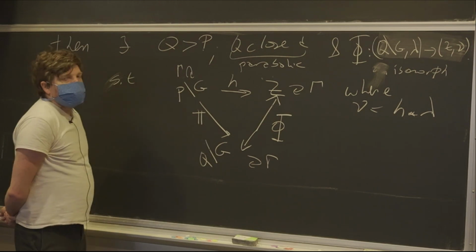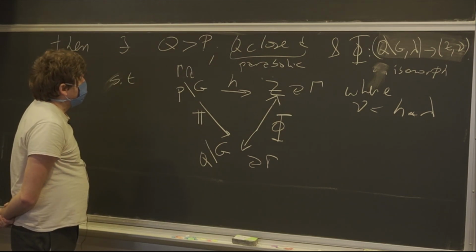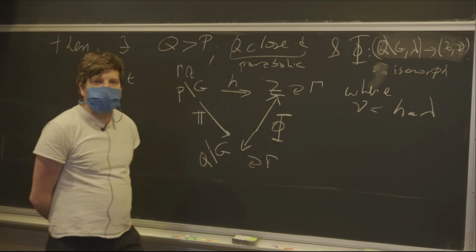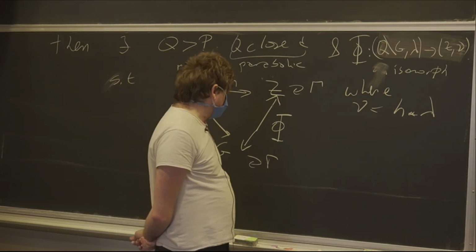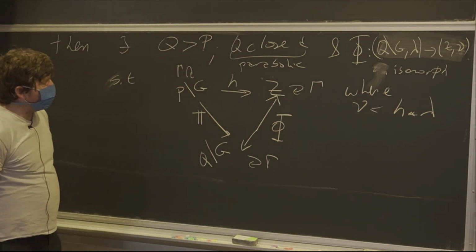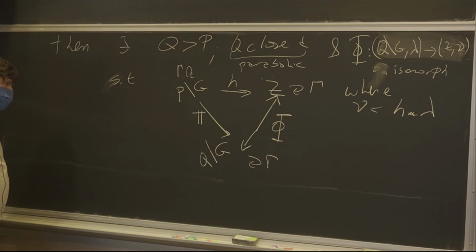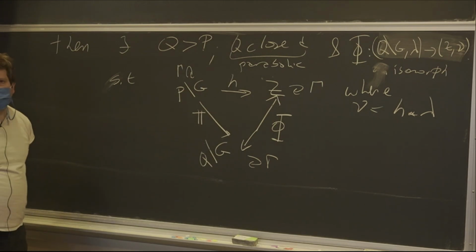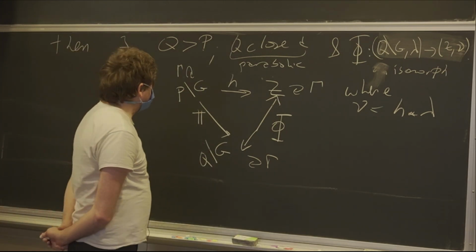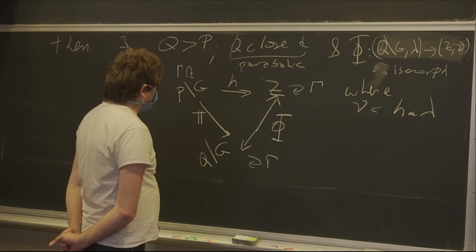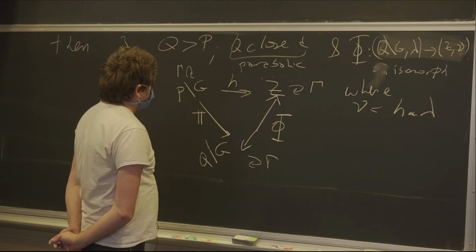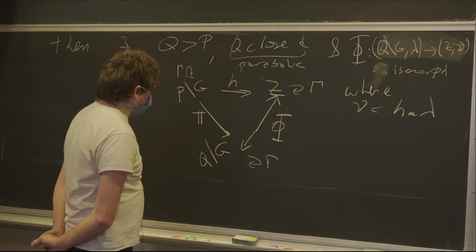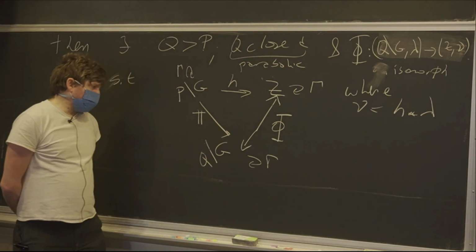And I guess Q is also unique up to conjugation. Yes, Q is unique up to conjugation. In a sense that is part of it, maybe it requires some extra effort. I think it may not follow directly from this statement, but it's not such a hard effort.